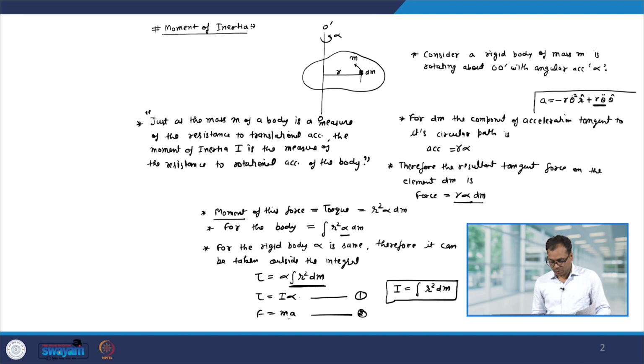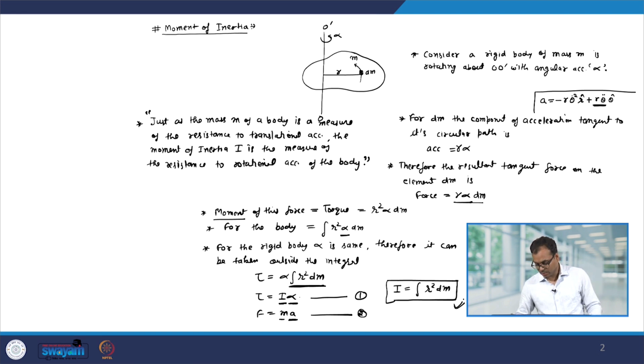From equation number 2, you can see that the mass m is the measure of the resistance to the translational acceleration a. Similarly, the moment of inertia I is the resistance to the rotational acceleration alpha of the body. So, this is the physical significance.